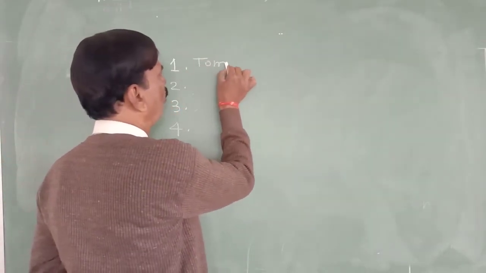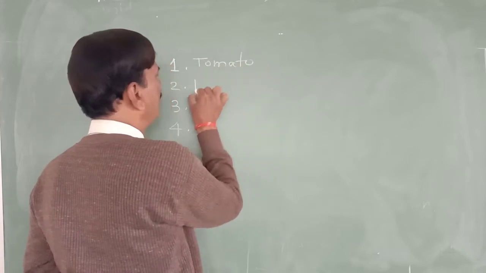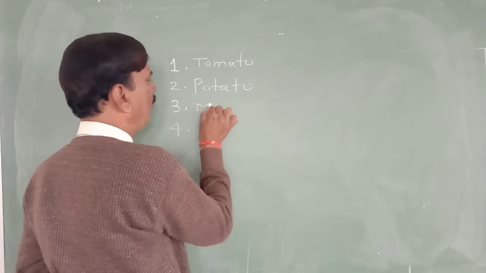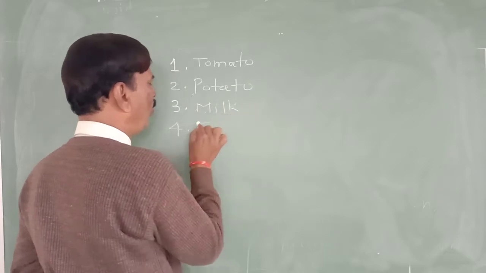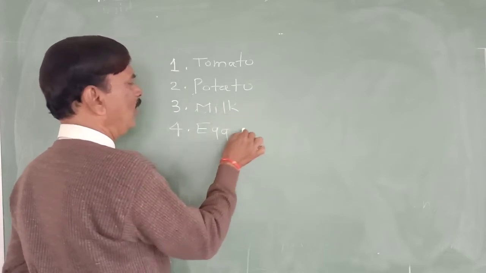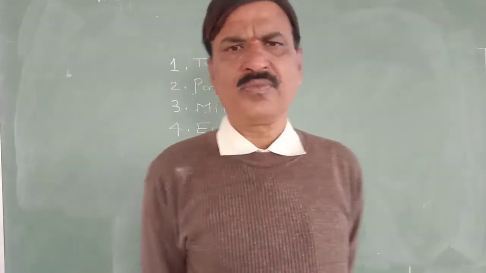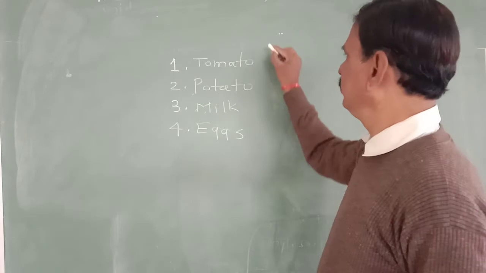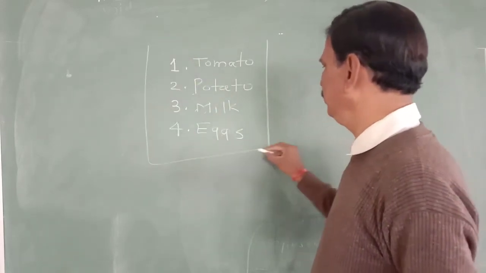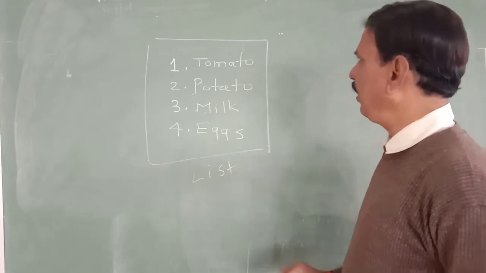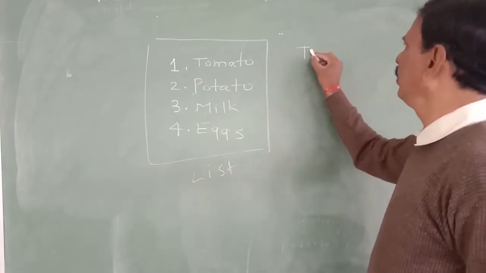First tomato, second potato, third milk, fourth eggs. This is the list, and the operation is suppose traversing.